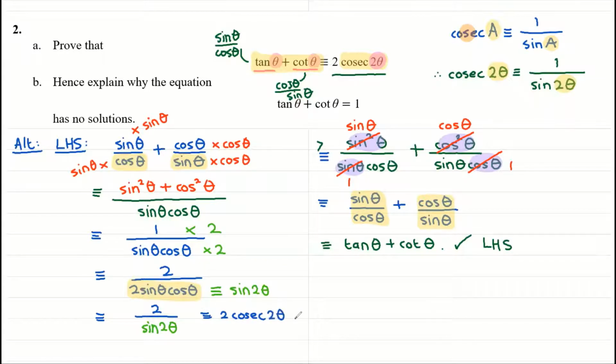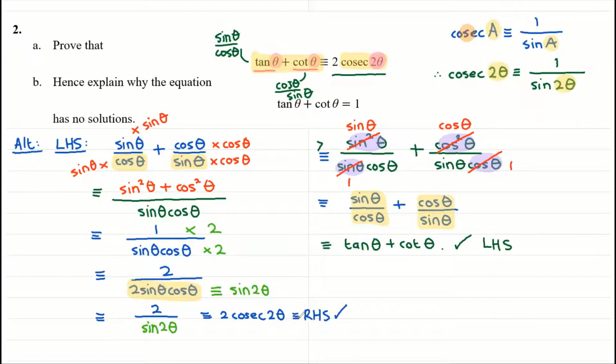What a really nice exploration of trig identities that is. Okay, so there we've now proved that the left-hand side is the same as the right-hand side, which is rather nice.